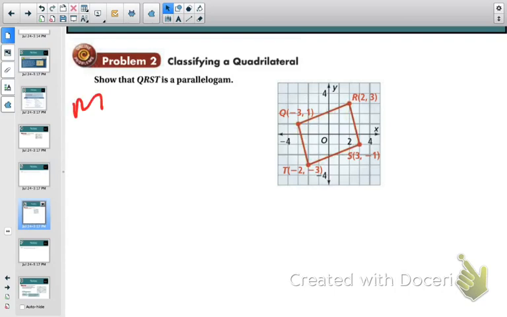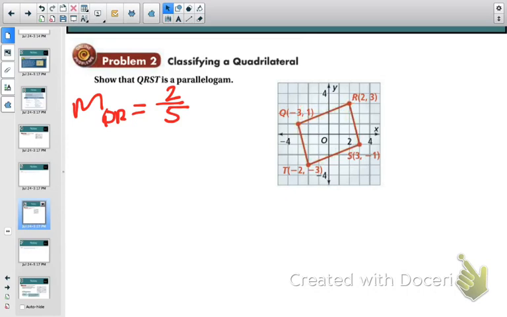so my slope of this line right here, slope of QR. So I rise 2 to get from Q to R. Rise 2, run 1, 2, 3, 4, 5. Rise 2, run 5. So 2 over 5.